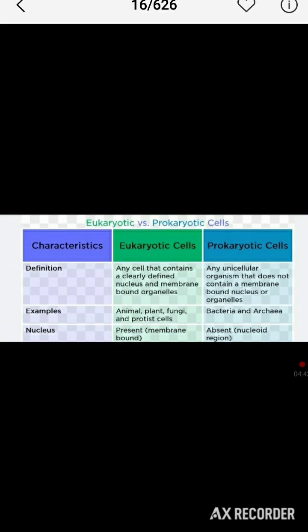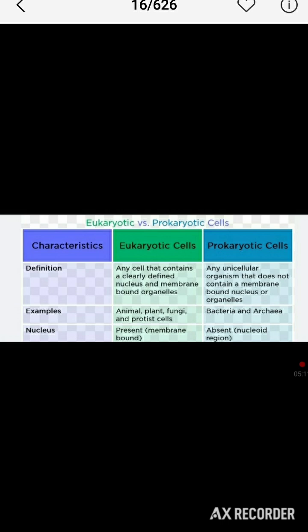The second terminology is eukaryotic and prokaryotic cells. Each living organism is basically made up of cells. So cells can be of two types, eukaryotic cells and prokaryotic cells. The eukaryotic cells are those cells which have a proper nucleus, and the organelles inside the cells are membrane bounded.